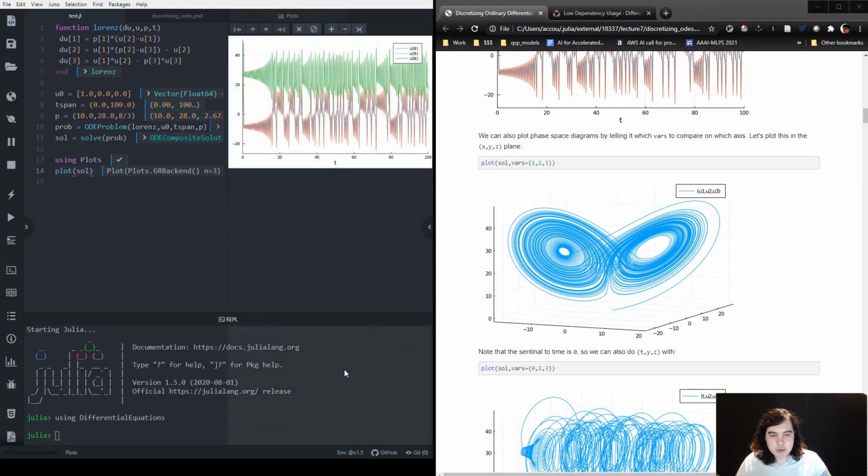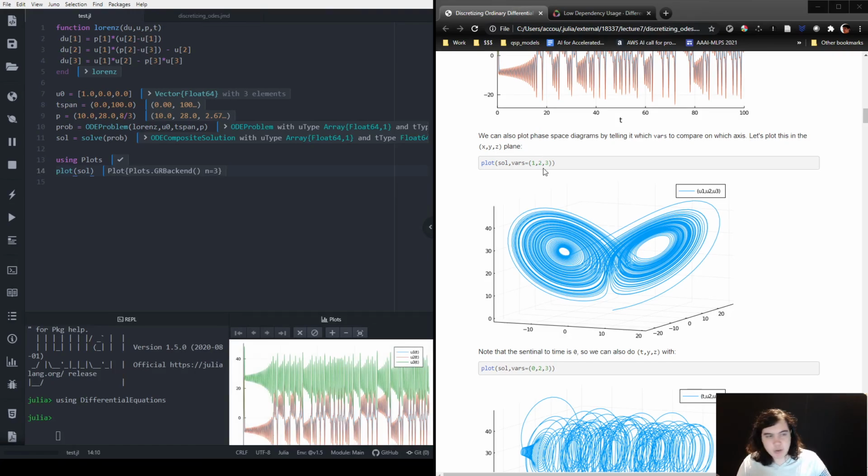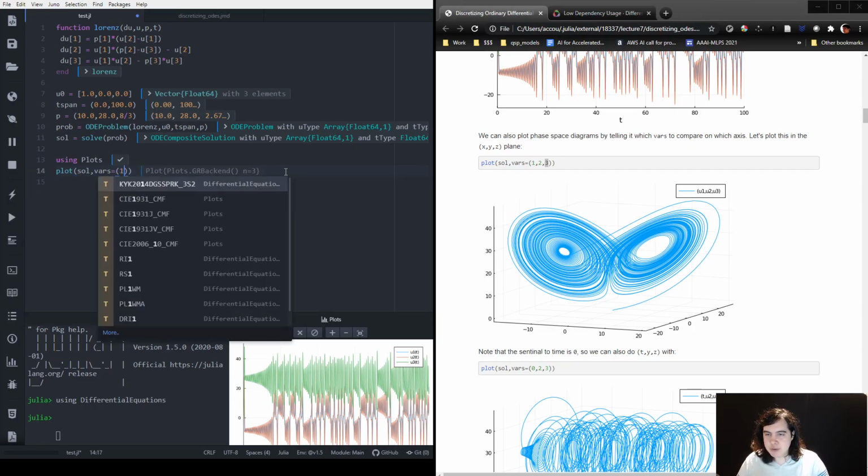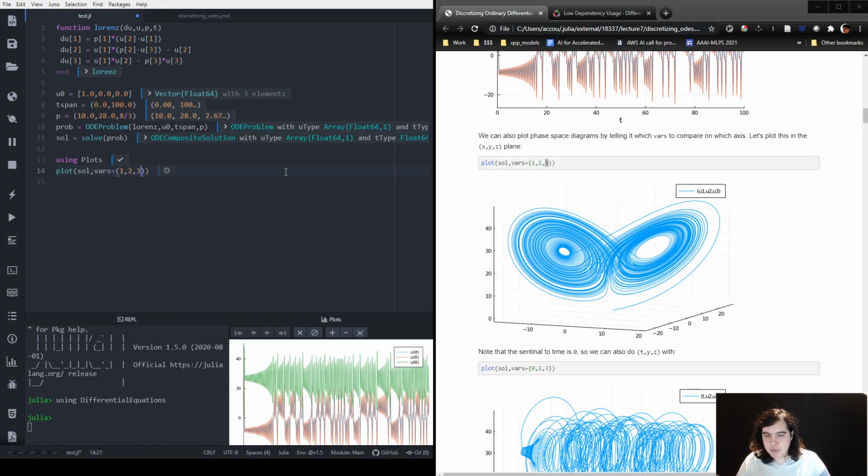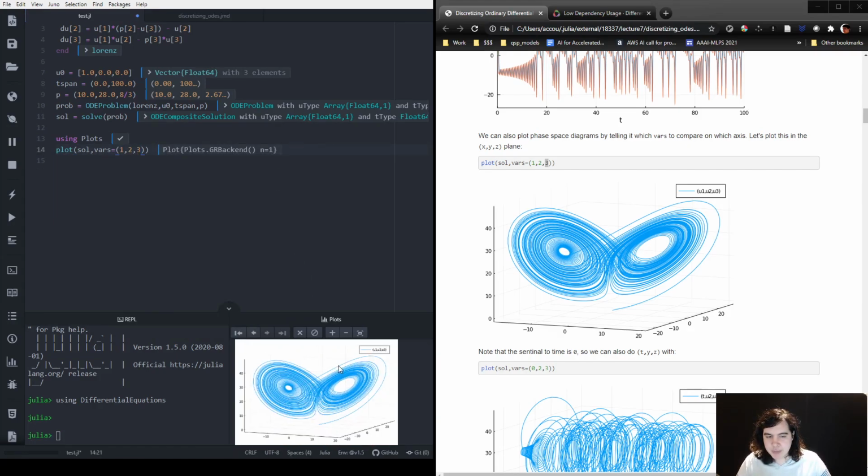So what I did here to be able to do this kind of plot was I did vars equals 1, 2, 3, which basically just says the first dimension should be plotted as x, the second dimension as y, and the third dimension as z. Let me show that here. So vars equals 1, 2, 3, and boom, we should get the same plot.